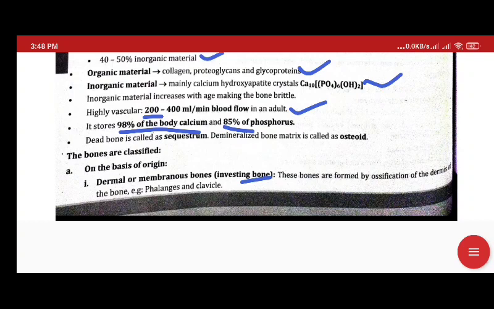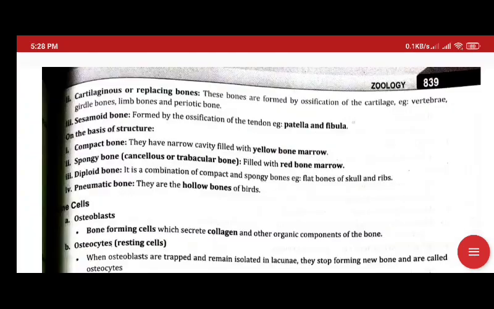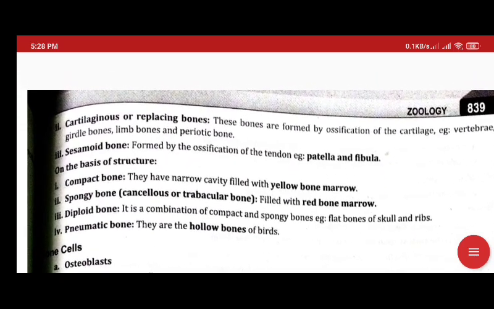On the skin dermis, we have deposition of calcium that makes the bone, and dermal bone is present on the clavicle, means a neck bone, clavicle, and phalanges. Phalanges means hand digits.